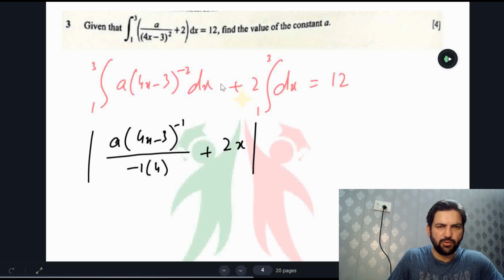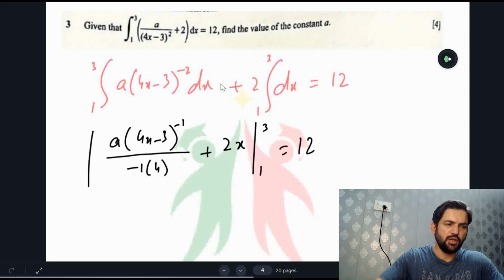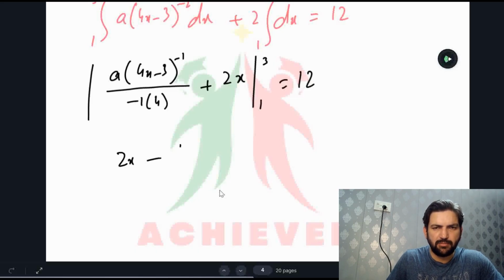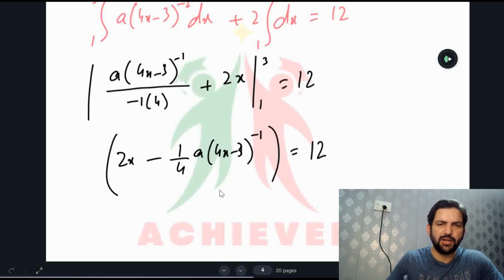Now we have to put the limits, equal to 12: upper limit minus lower limit. So this will be minus 1 by 4a into (4x minus 3) to the power minus 1, plus 2x, equal to 12.